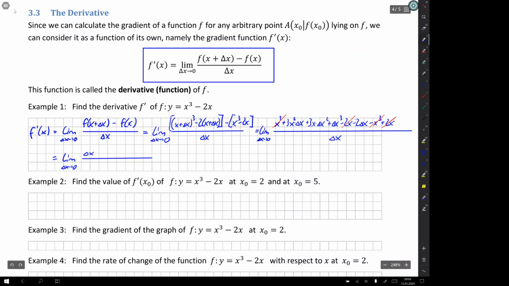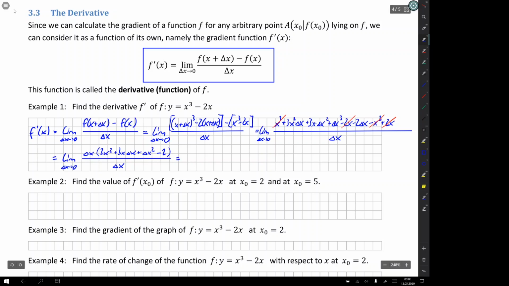So we factor out the delta x, and what remains is in the bracket. So we have delta x times 3x squared plus 3x delta x plus delta x to the power of 2 minus 2. The whole thing divided by delta x still.